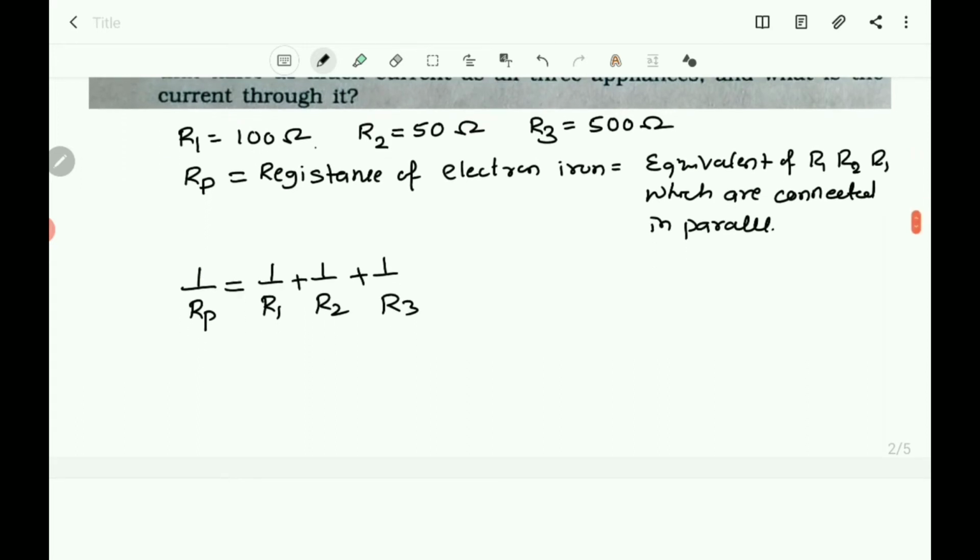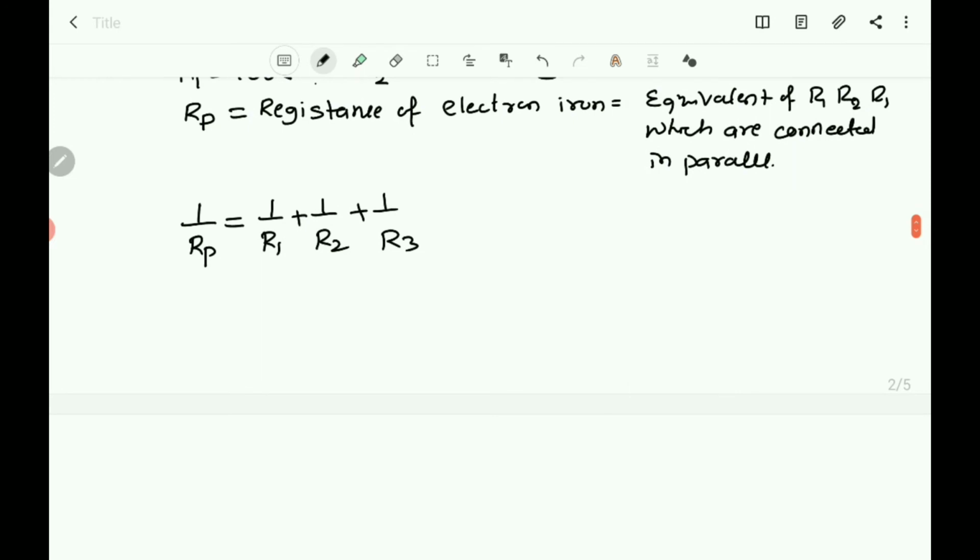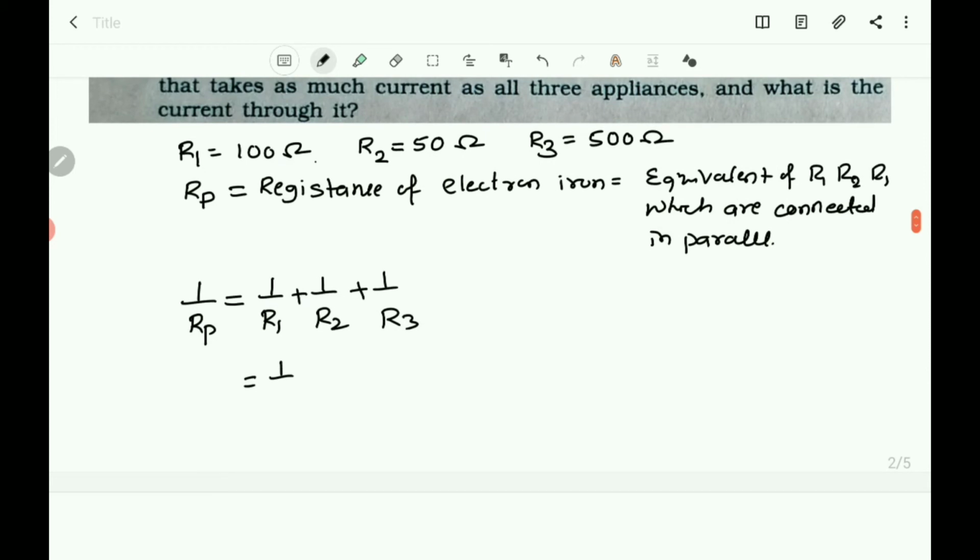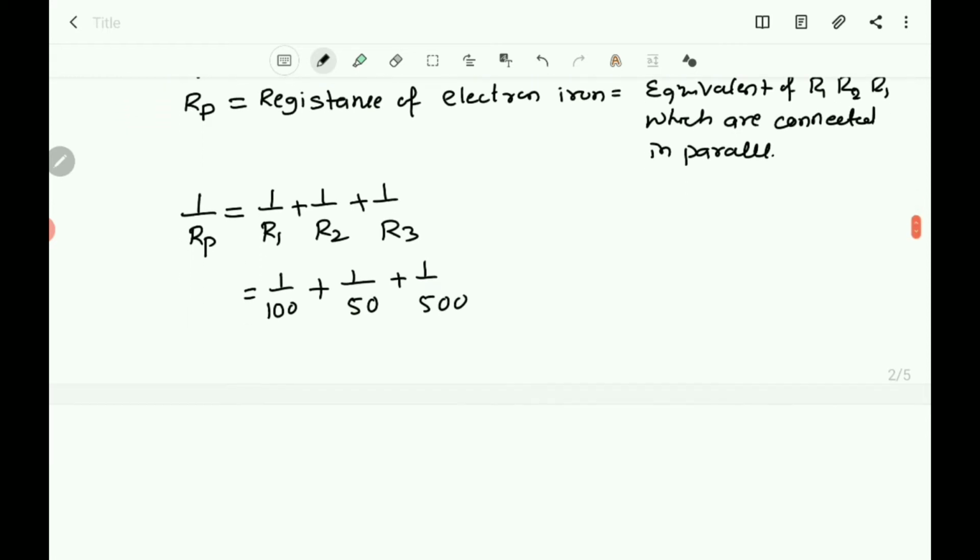Then 1 by R1 is here 1 by 100, plus 1 by R2 is 1 by 50, plus 1 by 500. And the LCM of these three, that is 100, 50 and 500, is 500 only.